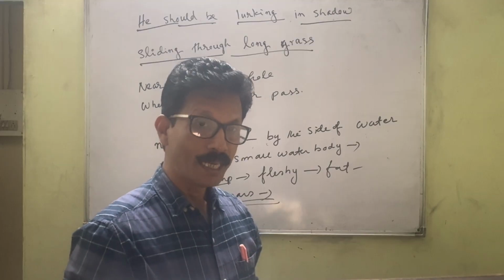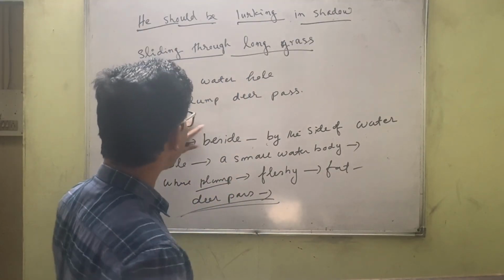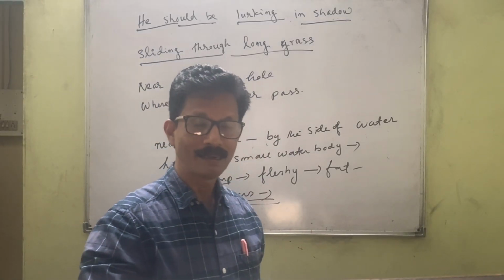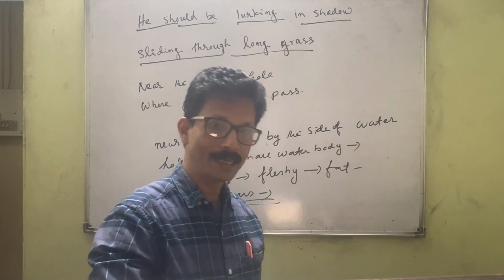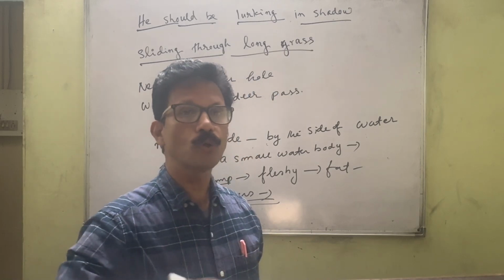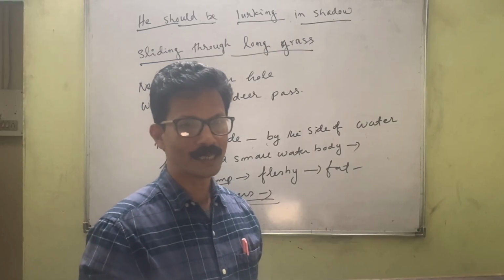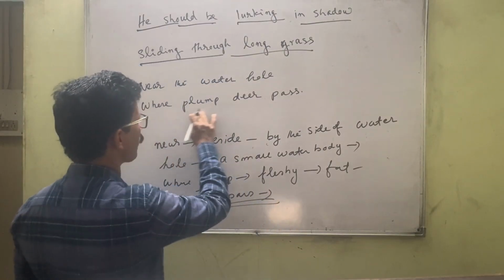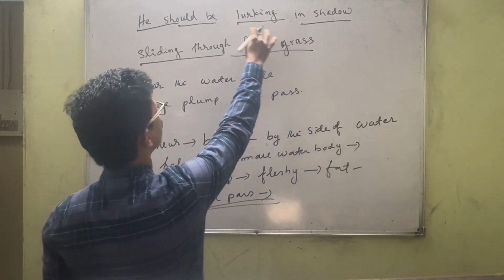Understand my point? It is where the tiger would be lurking. He would be gliding or sliding through long grass.